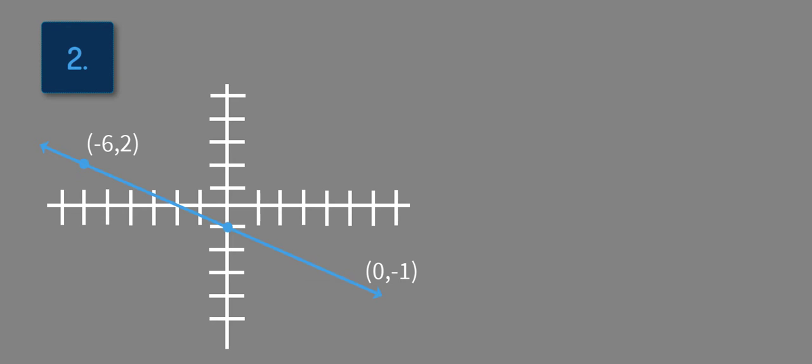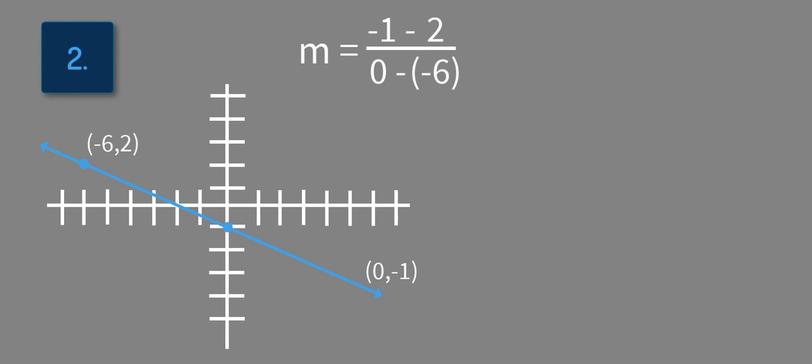We are asked to write an equation in slope-intercept form. So first we'll find the slope. So m equals y2, which is negative 1, minus y1, which is 2, over x2, which is 0, minus x1, which is negative 6. Don't forget to put negatives in parentheses when you substitute.